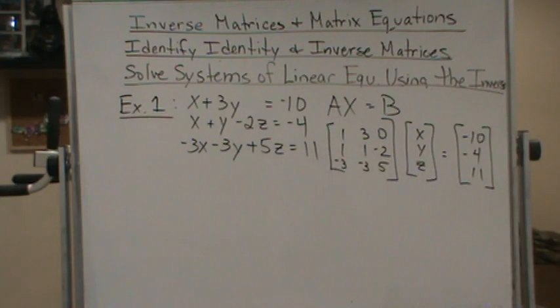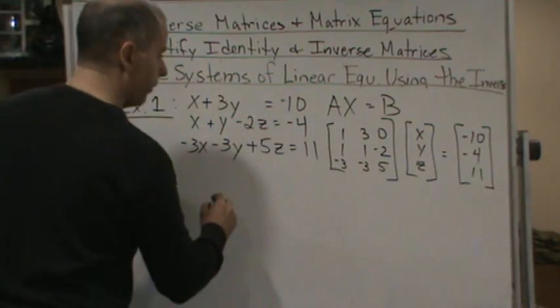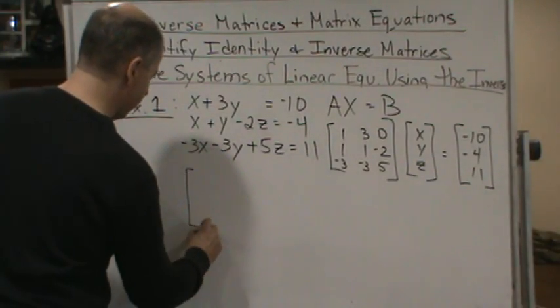Okay, so let's see. All right, so it was negative 1/2, negative 15 halves, negative 3. So we can go to here because we already made the inverse.